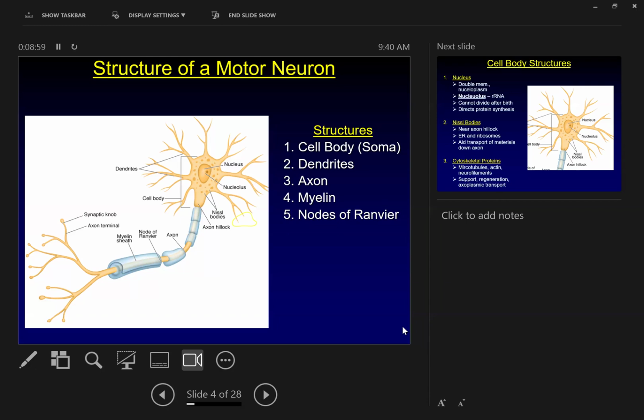Okay? Then coming off of the cell body is this long structure here that's called an axon. When you think of nerves, when you guys dissected a cadaver in anatomy and you saw a nerve, what you're really seeing is a giant collection of axons.